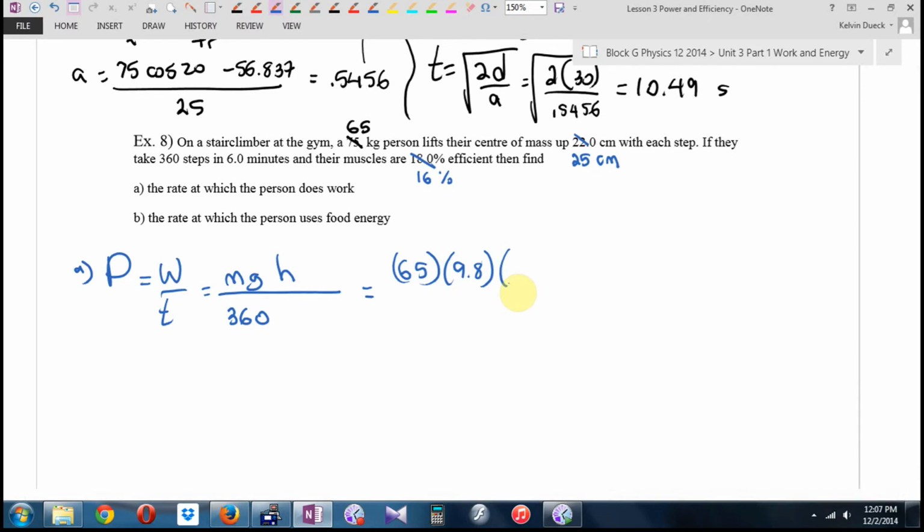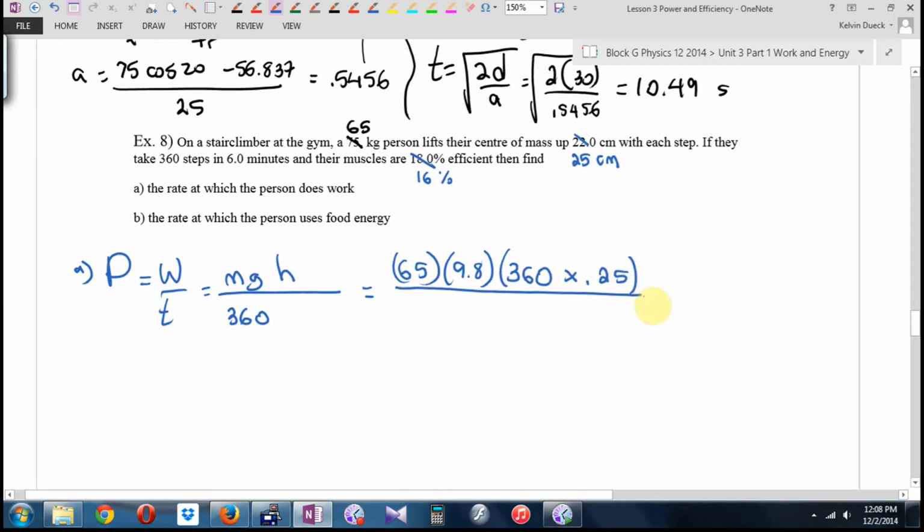And how many steps does this person do? So I think that's the same as climbing it straight up in a continuous line. It's just you're not going anywhere with a stair climber. I think we can say the height is 360 steps times 0.25. And that's going to be divided by 360.